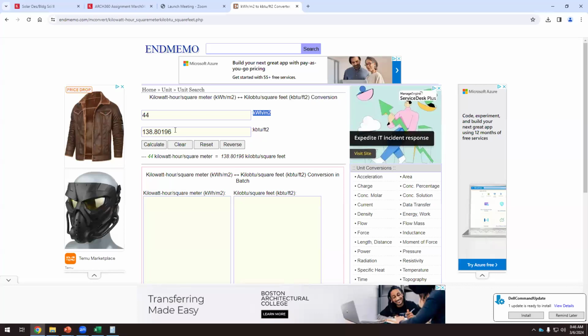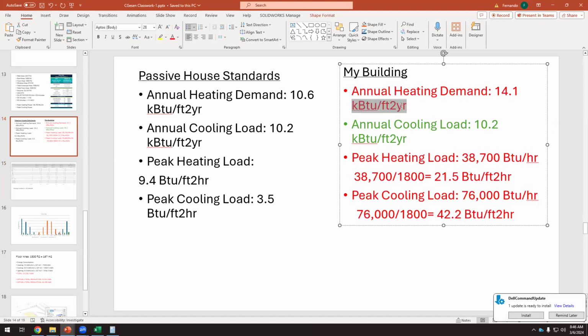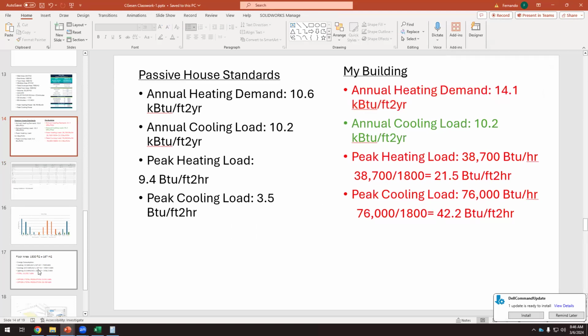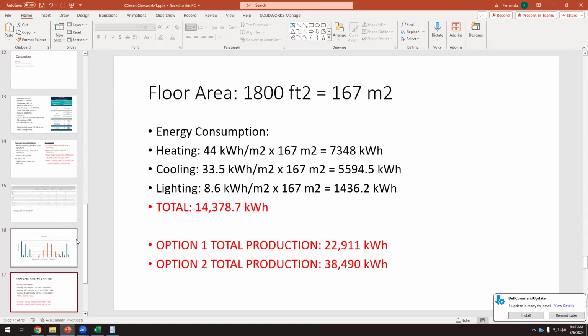Apparently that's the right way to do it. 44 kilowatt hours per meter equals kBTU per square feet. I want to see those numbers because I want to make sure that the conversion is correct. We have to do this with heating and the same thing with cooling, and then compare in kBTU per square feet yearly. So check the numbers again. And that's it.